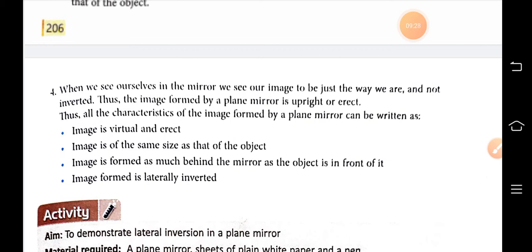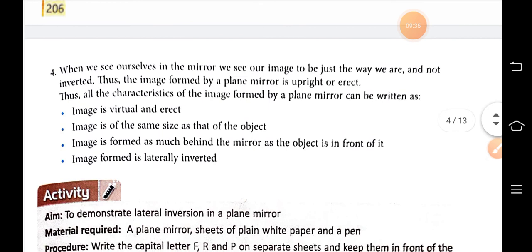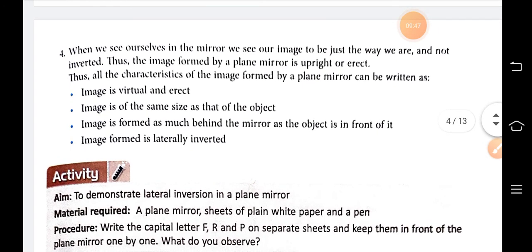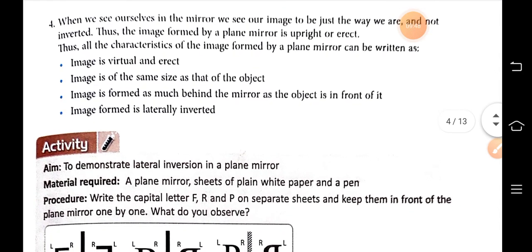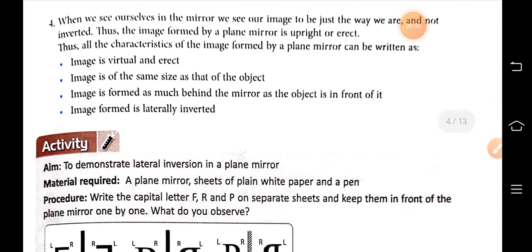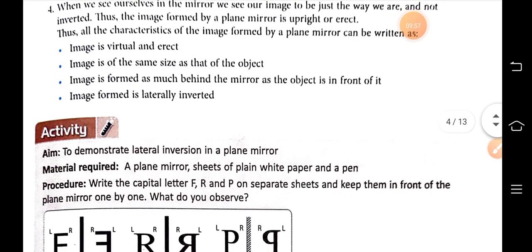It is erect or straight and it is virtual. So all the characteristics of the image formed by a plane mirror are five: virtual, erect, same size as the object, at the same distance as the object is in front of the mirror, and laterally inverted.